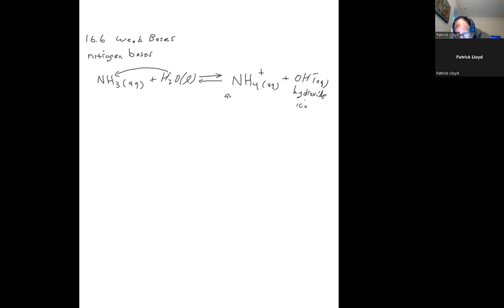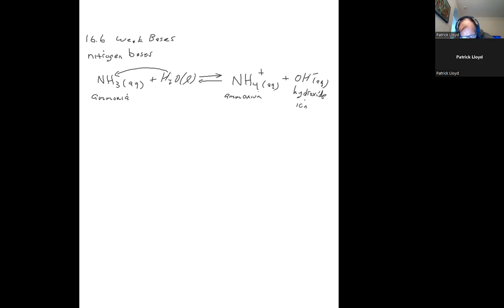This is called ammonium. When the name of a compound ends in -ium, that typically means it's a cation. It's positively charged, like aluminum, beryllium, for example. And this is ammonia.